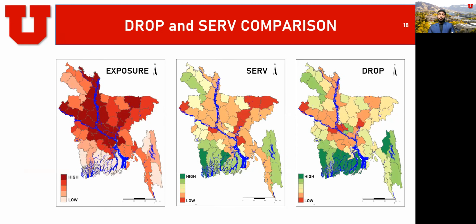If we draw a side-by-side comparison of SERV and DROP, we can see that there are some differences, but there are also some significant similarities between these two maps, that both of them show that the central part is less resilient compared to the southern part, although the SERV model map says that the northeastern part of Bangladesh is the least resilient part.